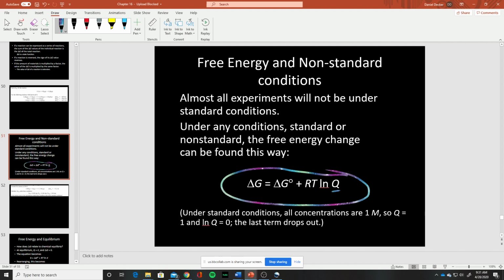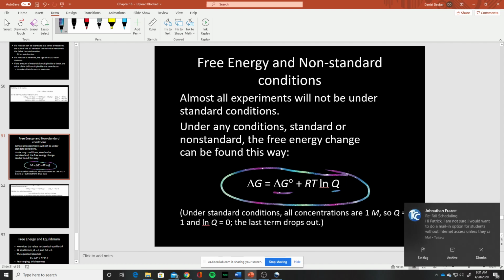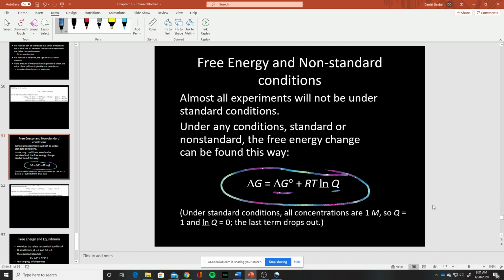I will not make you calculate the standard Gibbs free energy. I think in some of the homework questions, they would give you the equation, and then you would have to go to the appendix to get the standard Gibbs free energy data for that. But I'm not going to have you do that, because that would essentially be two questions in one.